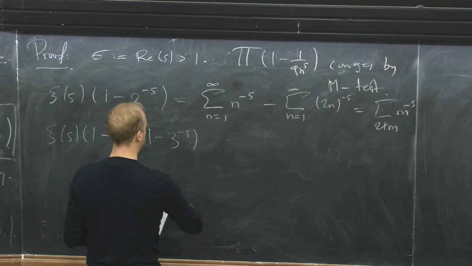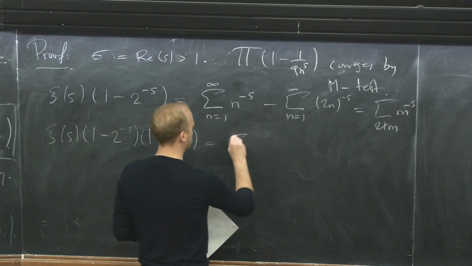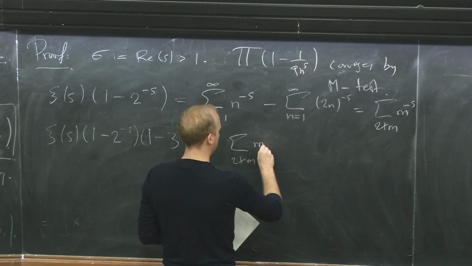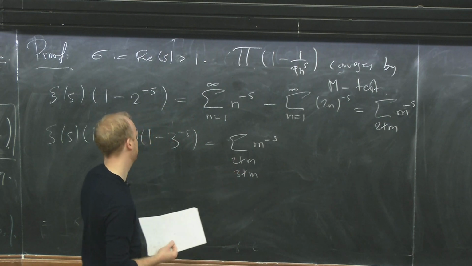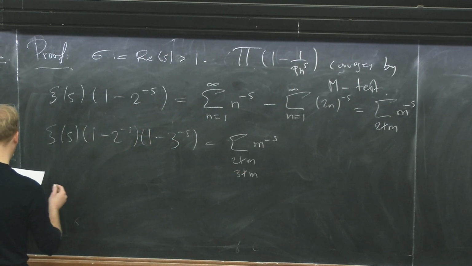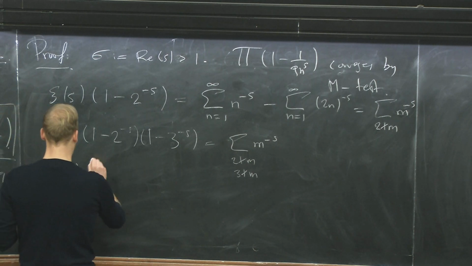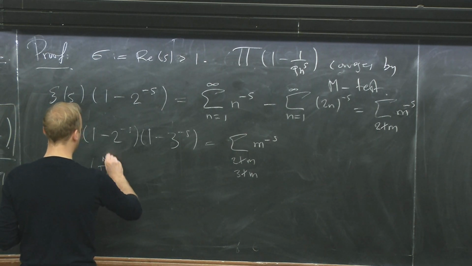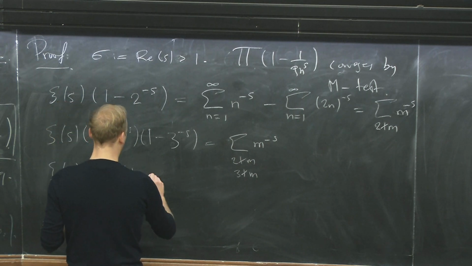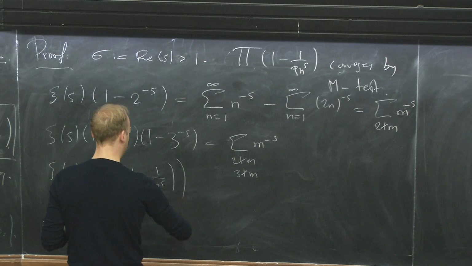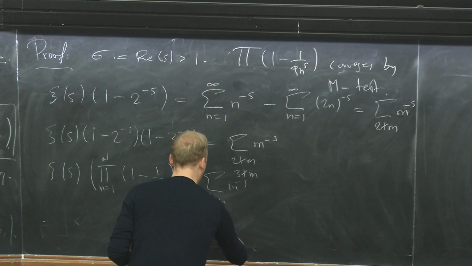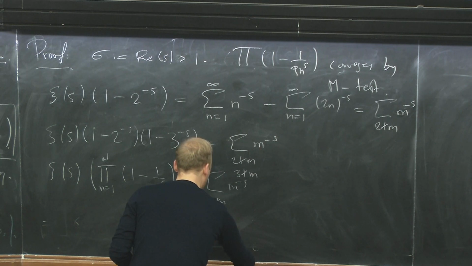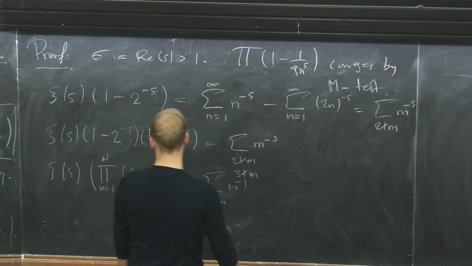multiply, I also take the next prime, then this will be the sum over m to the minus s, where m is not divisible by 2 and not by 3, and so on. And actually, this thing times the product from 1 to n of 1 minus 1 over P_n to the s will be the sum of m to the minus s, where 2 does not divide m, and all the way down to P_n, the nth prime, does not divide m either.